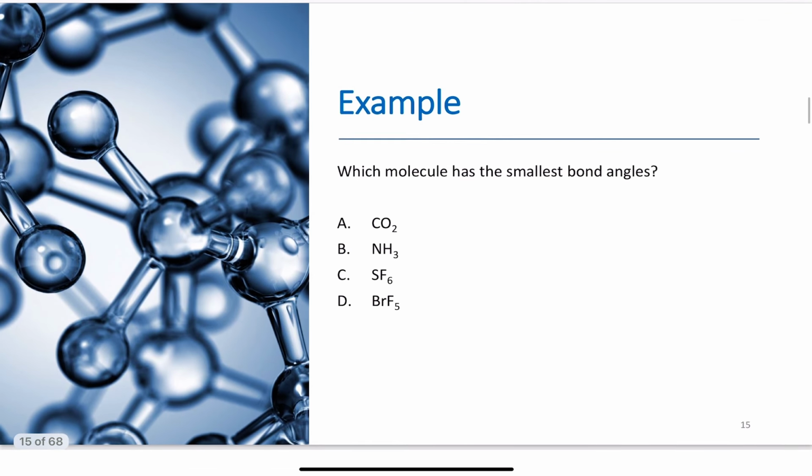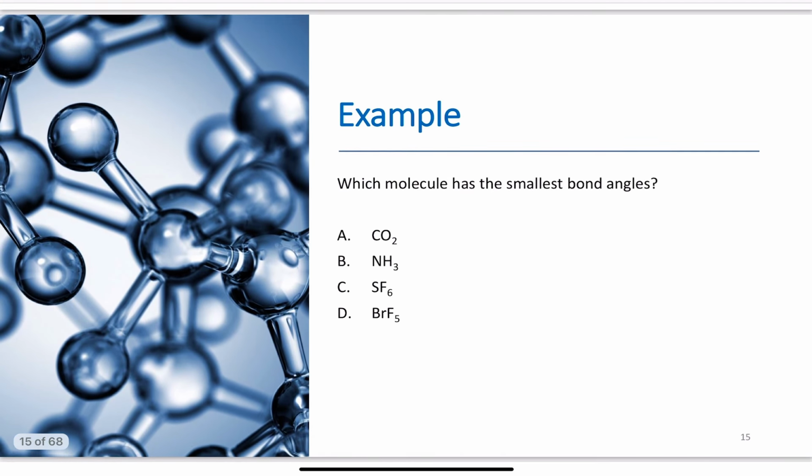And which molecule has the smallest bond angles? Well, let's think about these structures. CO2, linear, 180 degrees. NH3 is based on tetrahedral, but it has a lone pair.